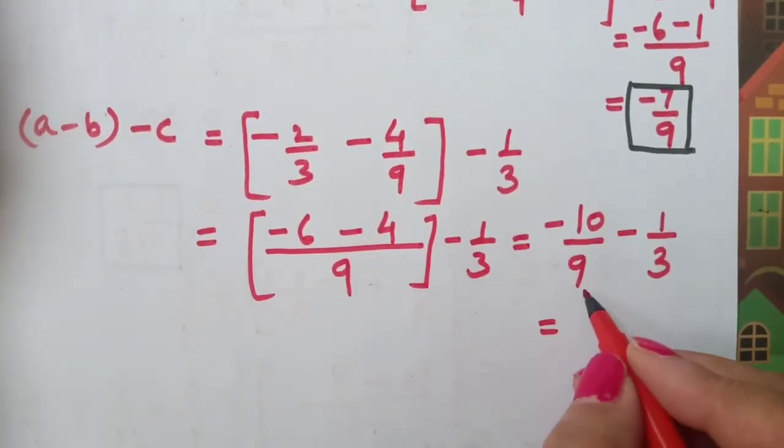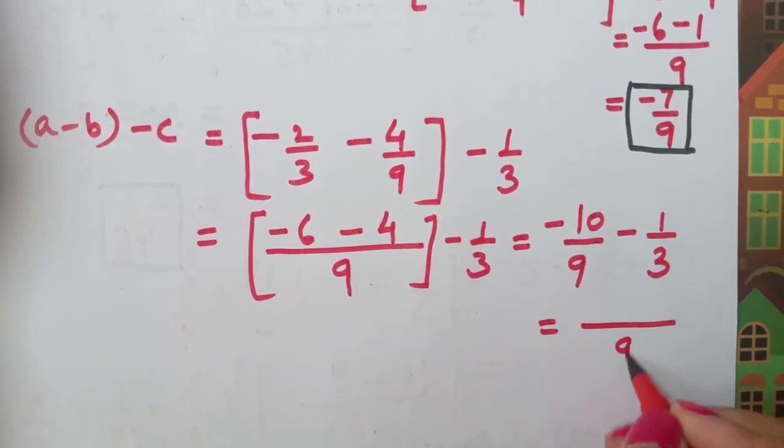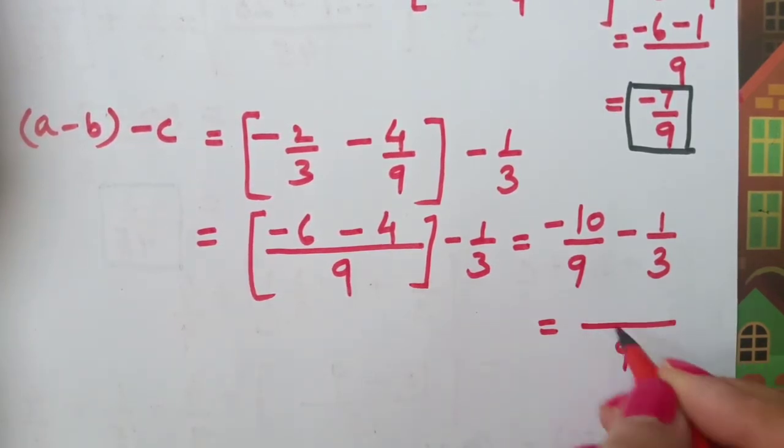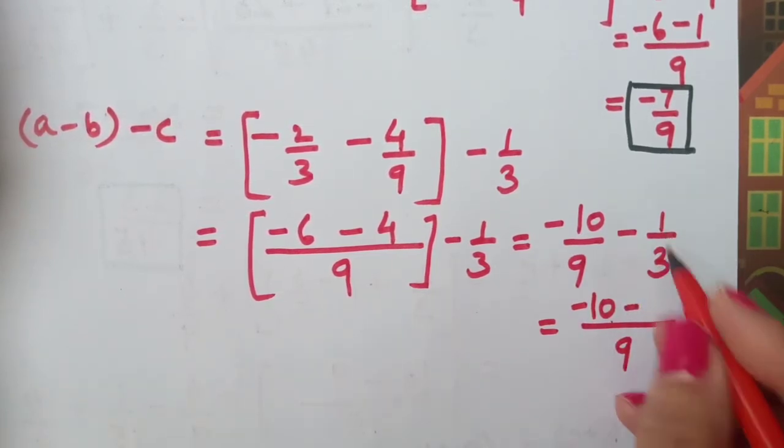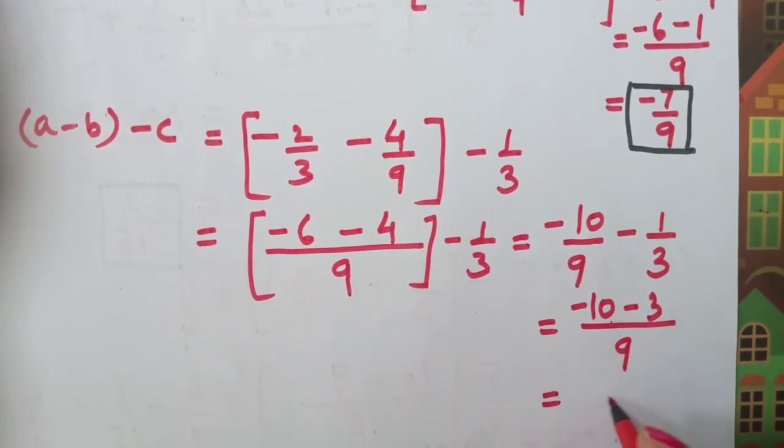The LCM of 9 and 3 is 9. 9 ones are 9, so it will become minus 10. Minus 3 threes are 9, 3 ones are 3. Minus 13 upon 9.